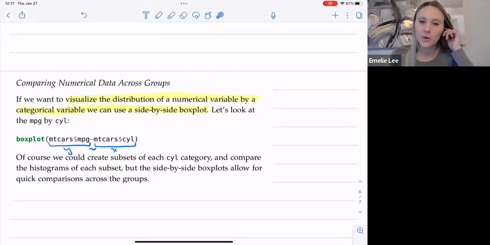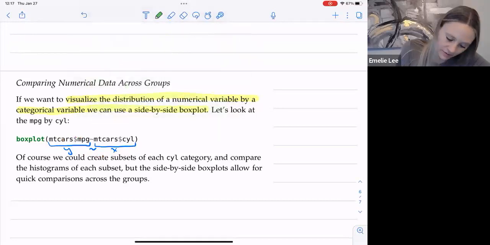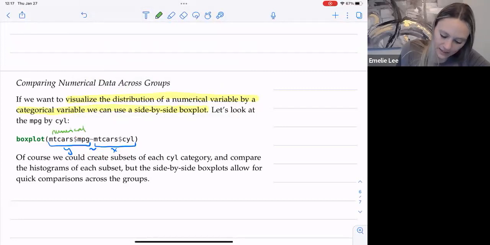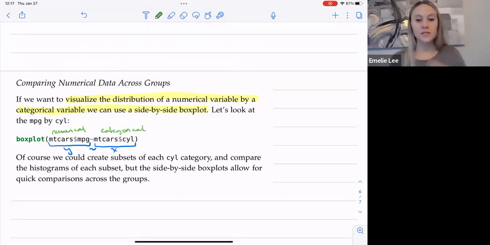You can do x comma y, but for later reasons, I want you to use y tilde x. The y should be the numerical variable, and the x should be the categorical variable, because I want to look at my numerical variable across groups.